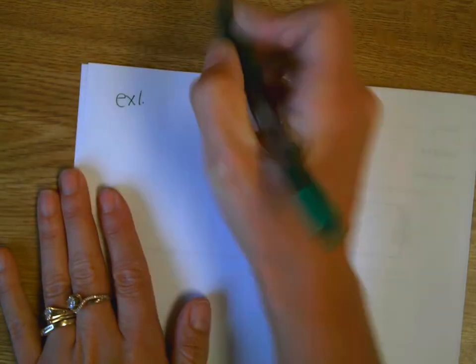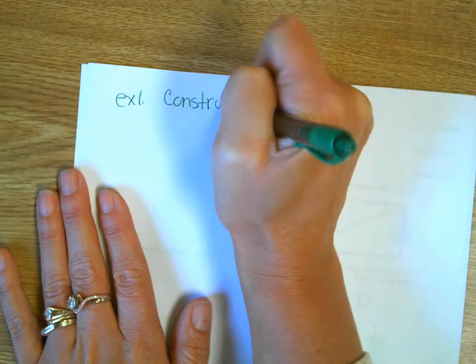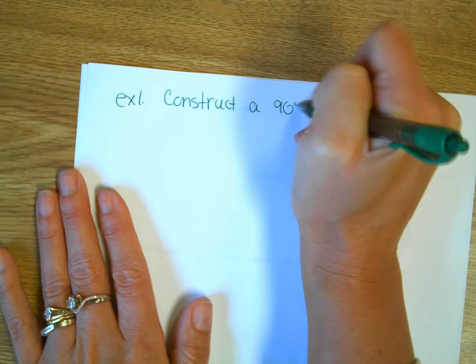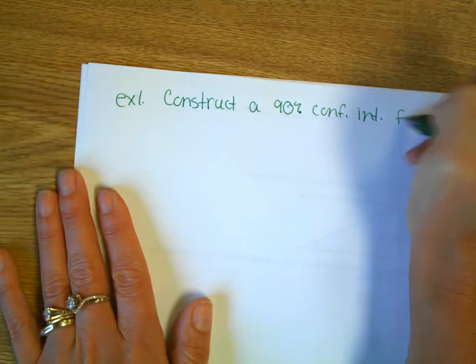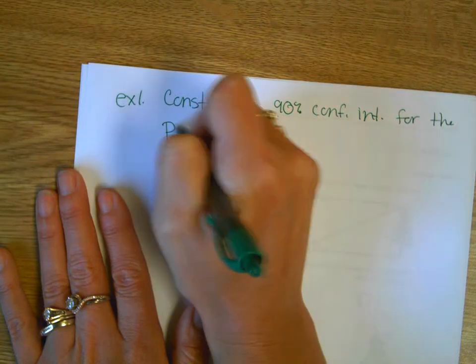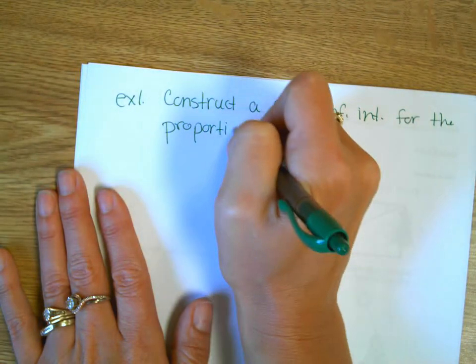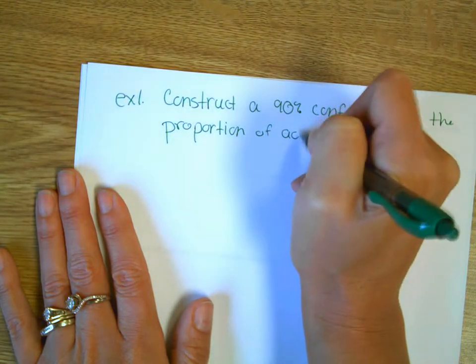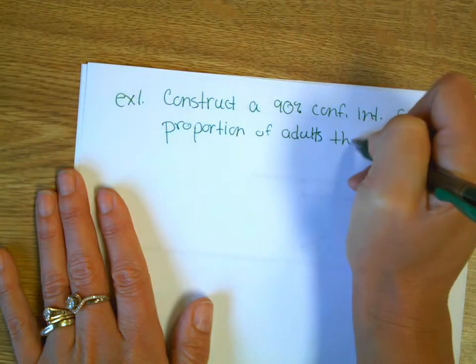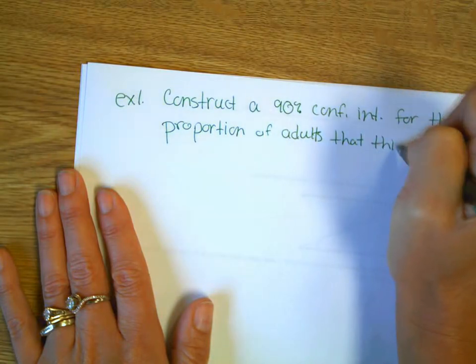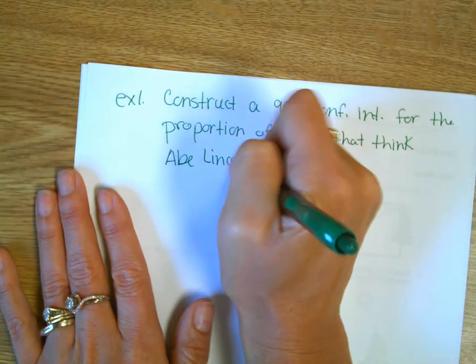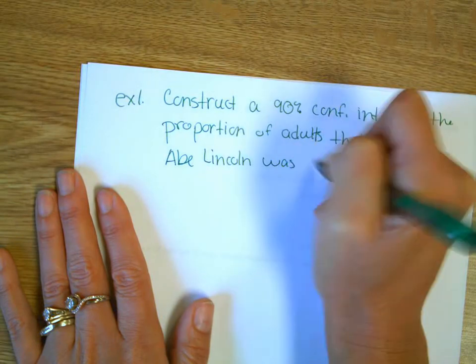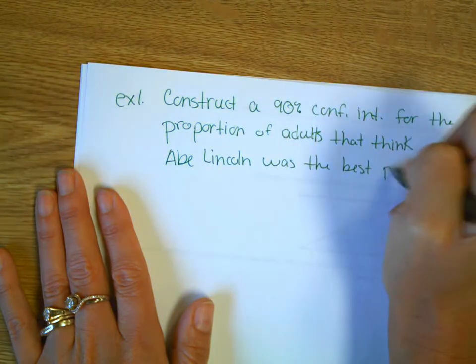Okay, example 1. Construct a 90% confidence interval for the proportion of adults that think Abraham Lincoln, so we'll go with Abe Lincoln, was the best president. 90%, 100% of adults have met it, so.